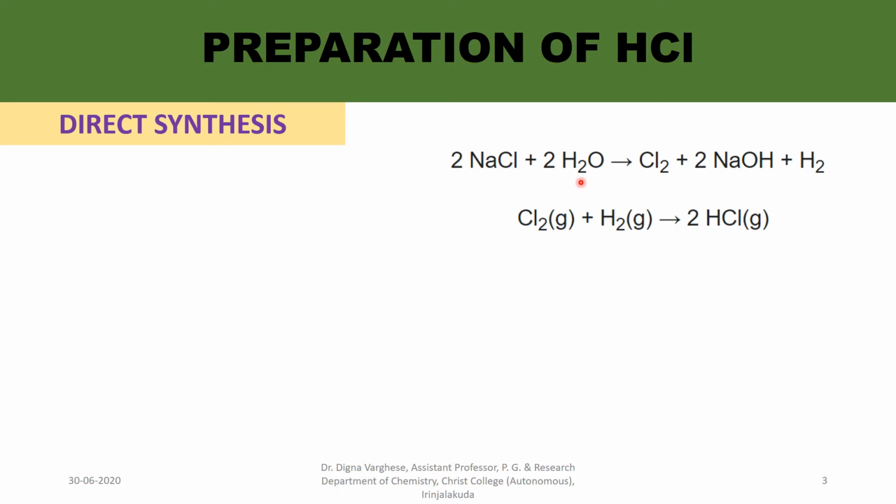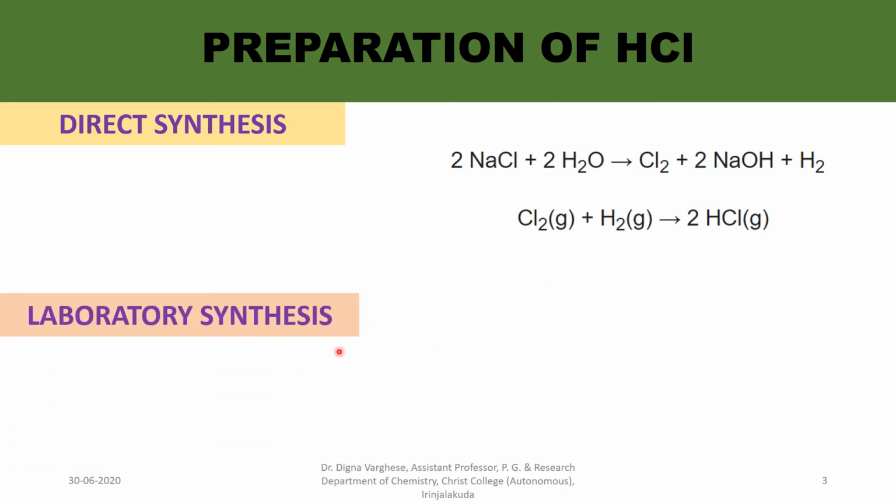Brine solution means a mixture of sodium chloride and water. When it undergoes electrolysis, we will get chlorine directly attached to the hydrogen in the presence of UV light, giving hydrogen chloride gas, and this is an exothermic reaction.